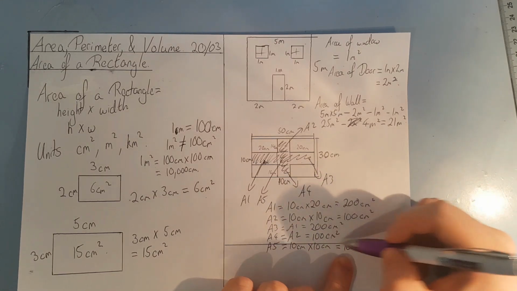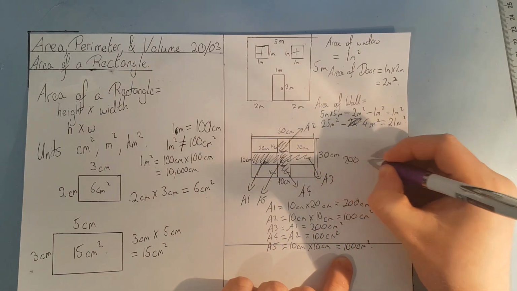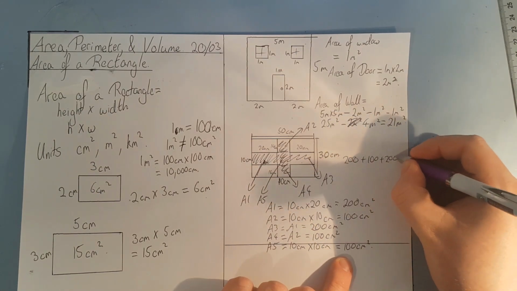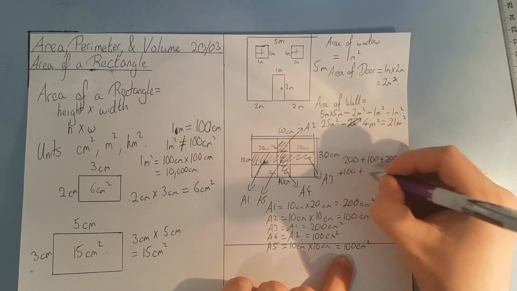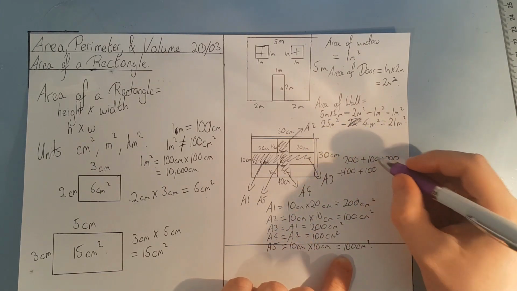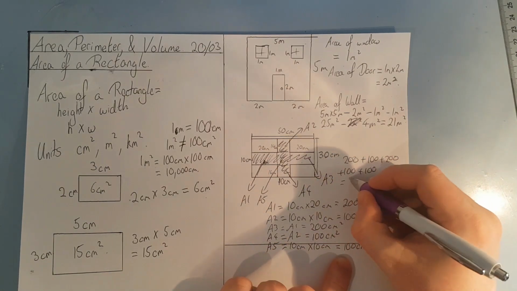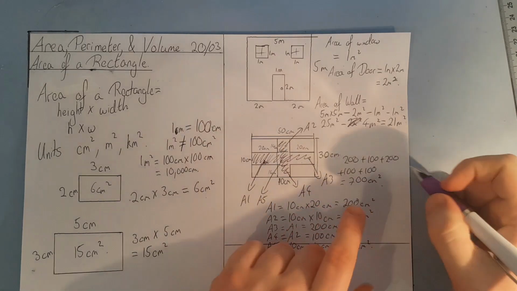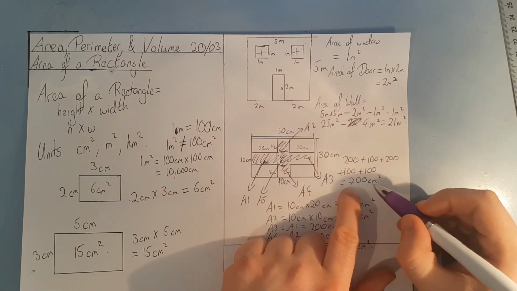Okay, and then we just add those together. So 200 plus 100 plus 200 plus 100 plus 100. That's going to be 400, 500, 600, 700. Okay, 700 centimeters squared. Remember, this is not 7 meters squared.